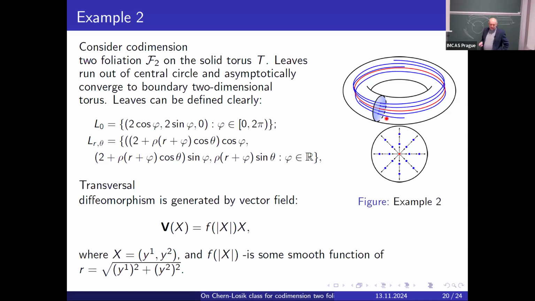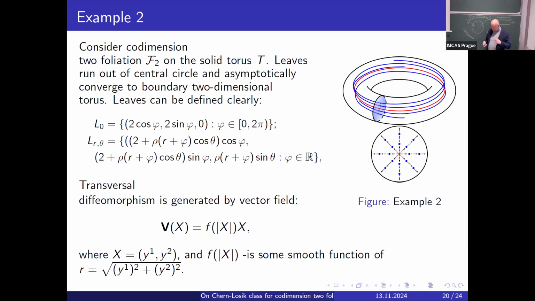Okay, so I think that maybe this triviality or non-triviality of the Chern-Losik class is related to this asymptotic convergence of non-compact leaves to the compact one. So we have this convergence in this example.